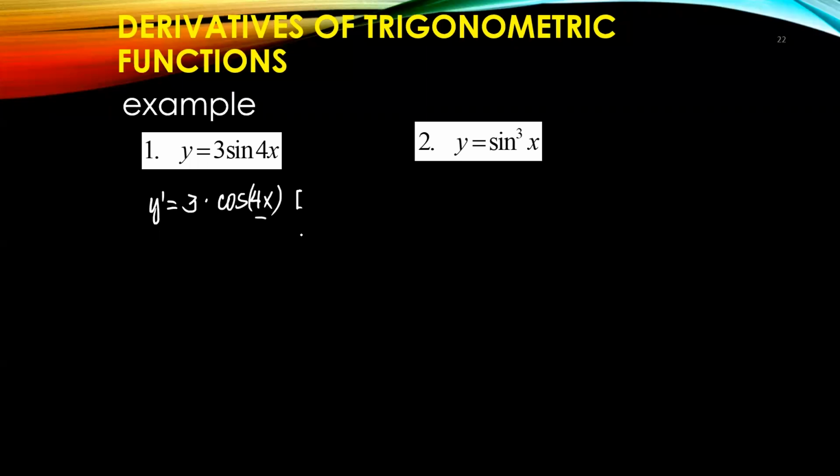Times 4. Therefore, the final answer is 12 cosine of 4x. Again, what type of functions are these? These are trigonometric functions, and they fall under what you call transcendental functions. Okay? The 4x in here is the angle, or what you call the argument of the function.